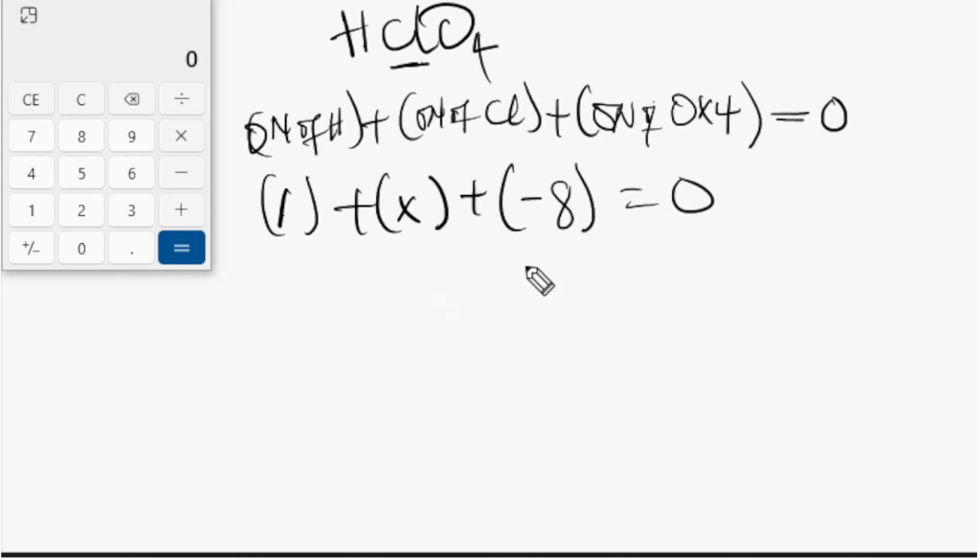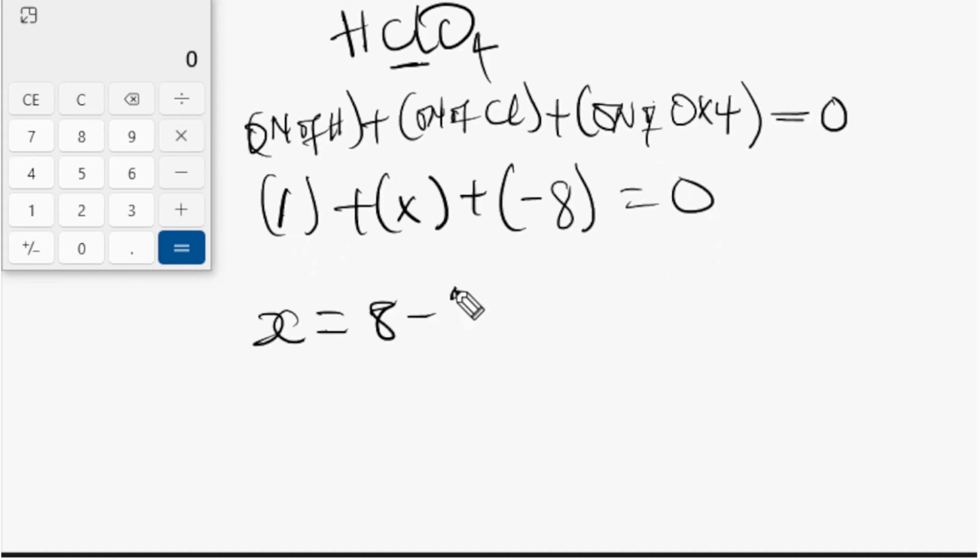Now we're going to collect the like terms. So we have X equal to, the -8 becomes a +8 moving over here, and the +1 becomes a -1.